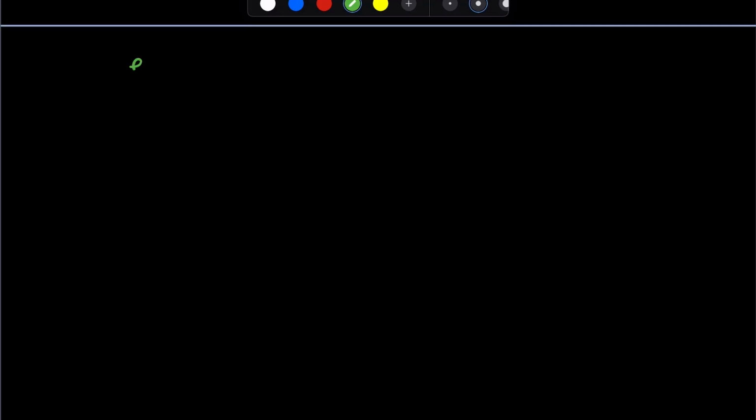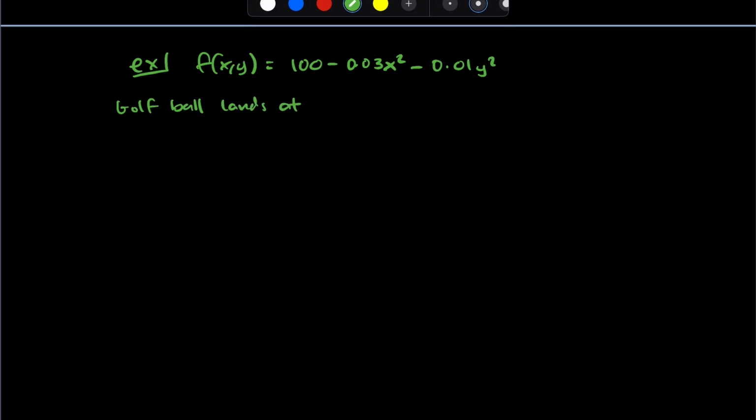So here's an example. f of x comma y equals 100 minus 0.03 x squared minus 0.01 y squared, and let's say the golf ball lands at 5 comma 3, and find the gradient vector of f at 5, comma 3.